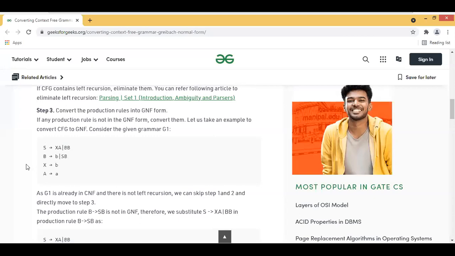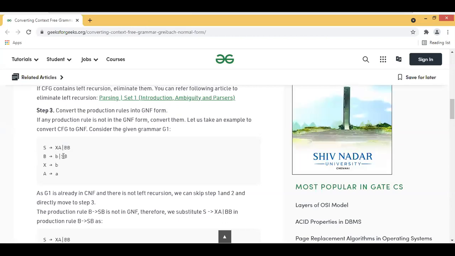And also you need to check whether the given grammar has left recursion or not. How to check it? If the grammar has left recursion, the same variable on the left hand side appears first on the right hand side, then we can say that it is a left recursion. But here S, X mismatch; S, B mismatch; B, yes.